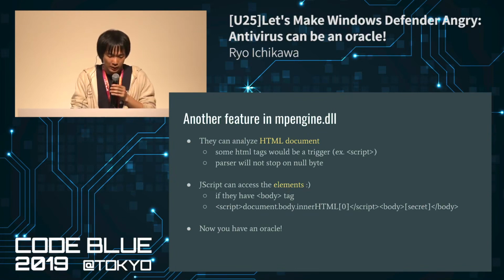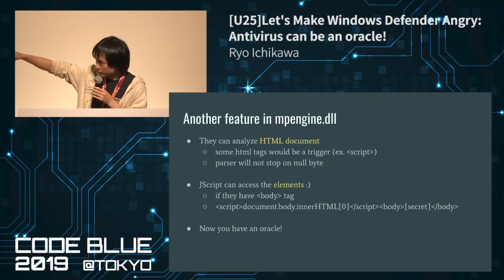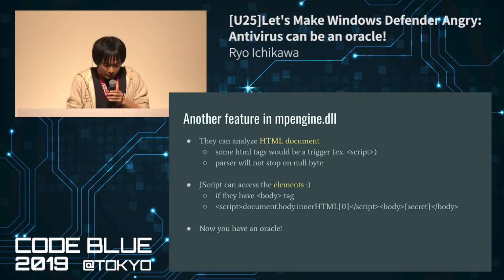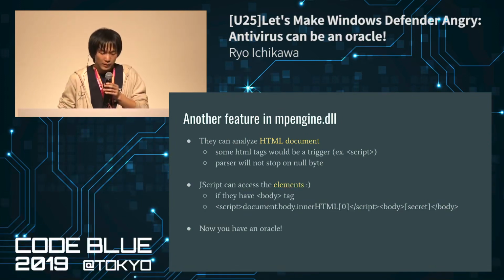If they have a body tag, like this one, in this case you can extract the data from inside the body tag, and you can combine secrets with some part of the Acre signature. Now you have an Oracle.